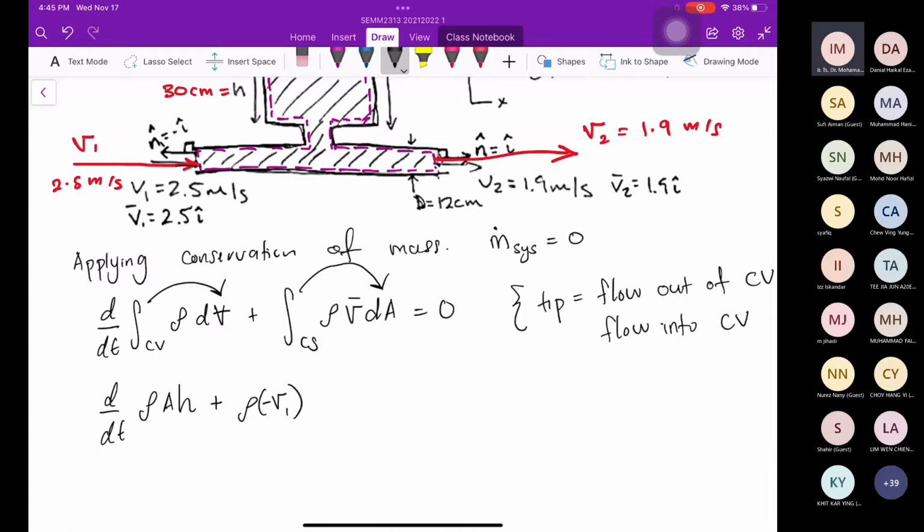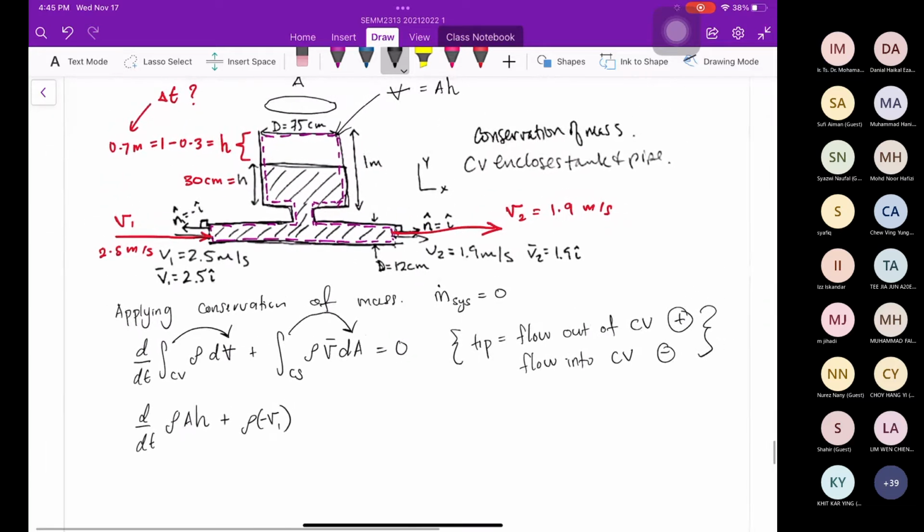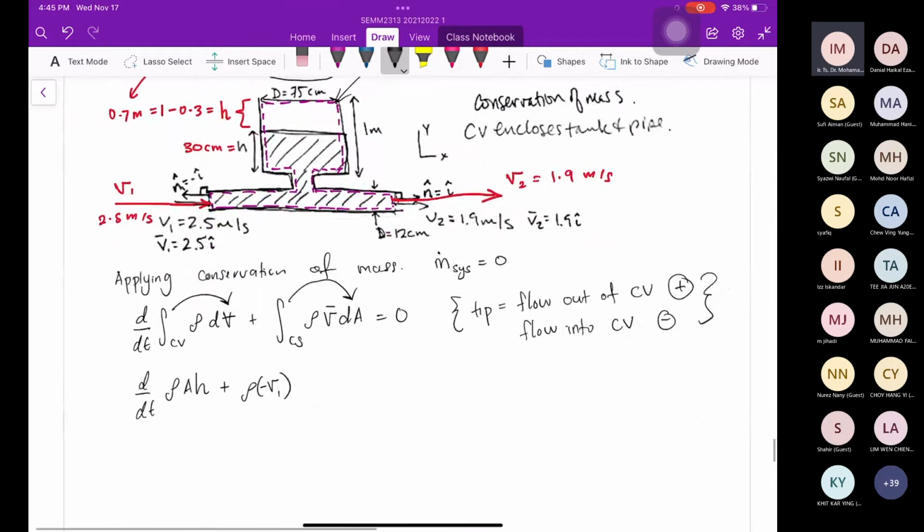Then multiply with the area. Area of what? Cross-sectional area, where the diameter is 0.12 meter, so pi r squared, which is pi times 0.06 squared.